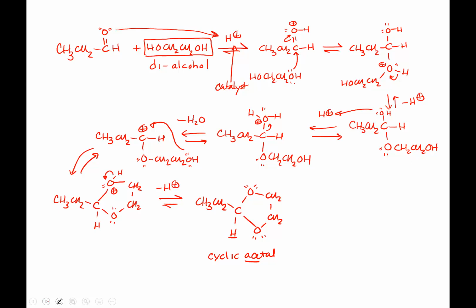Now let me also introduce the idea of, is that the only kind of cyclic acetal or cyclic ketal that we can make? Are these the most important? They are in synthesis, and I'll show you why in a few minutes. But you've encountered molecules that look like this in your biology classes if you've taken them. And I'm just going to write some generic structure here.